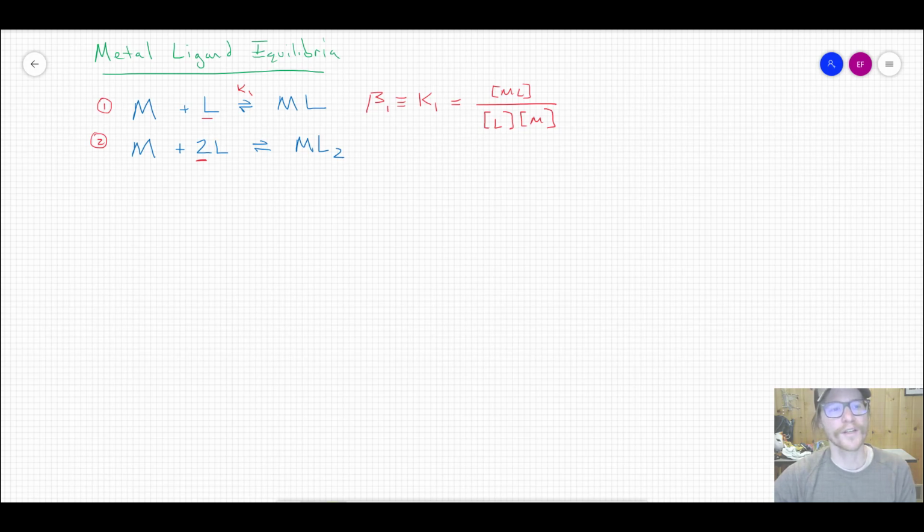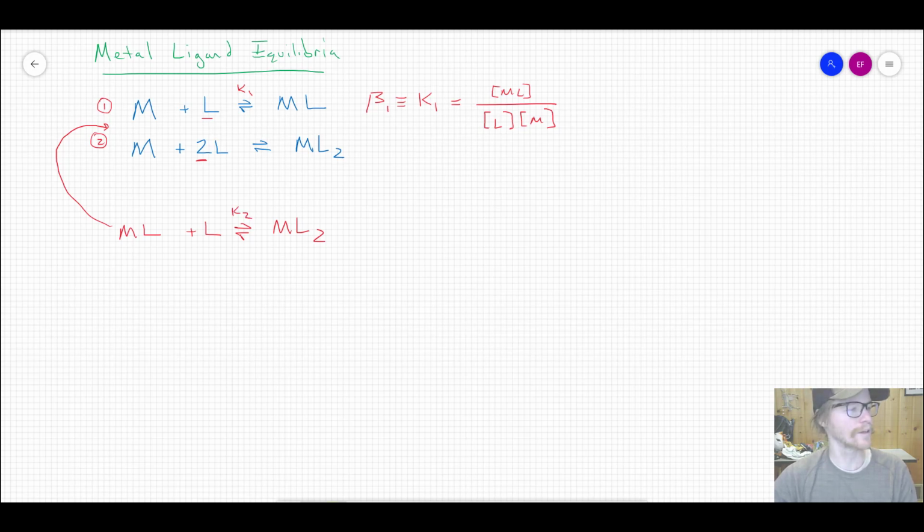So in other words, if we were to think about this stepwise, we would actually have ML, because that's after one addition, plus the next L, next ligand, gives us ML2. That would be the actual intermediate step here if we're talking about the stepwise formation, and we would consider that K2.